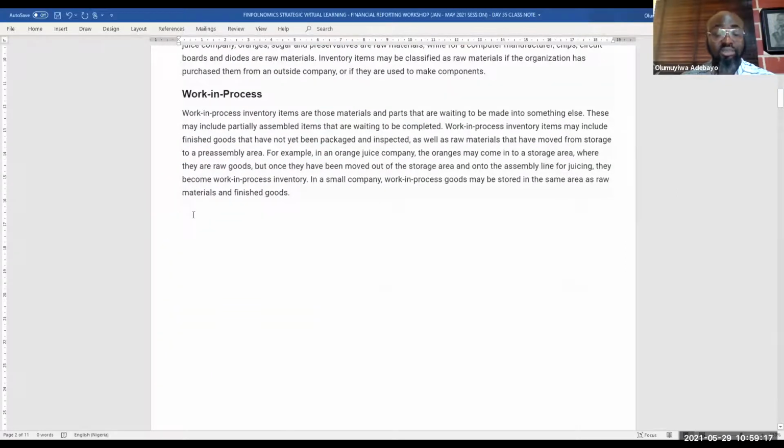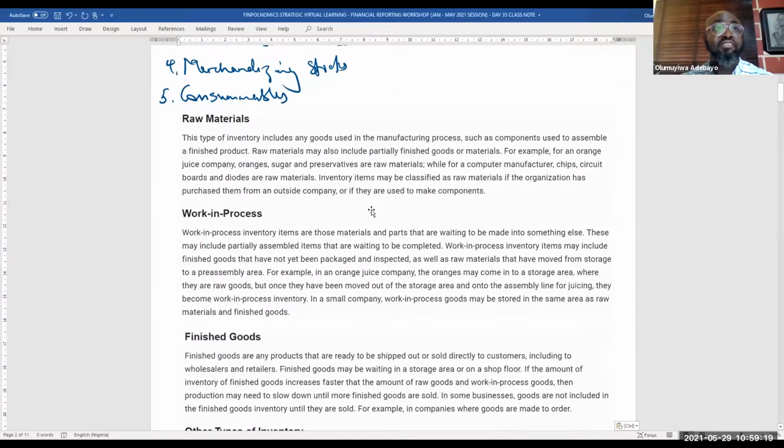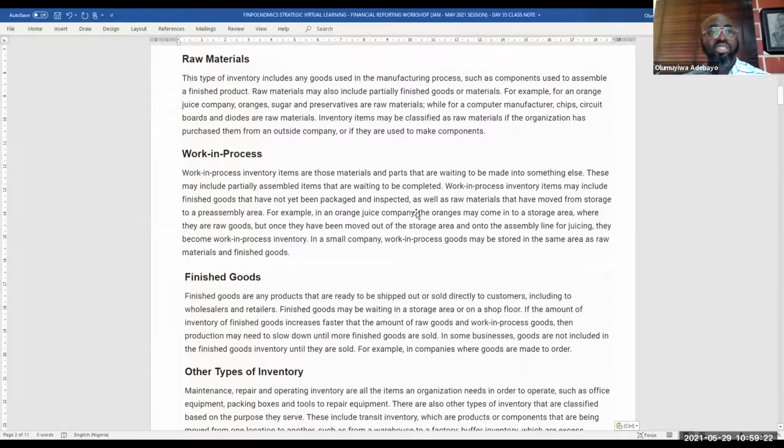Now the question is this: if the nature of the transaction is such that you only provided storage and access to markets on behalf of the real producer of those items, it may not constitute inventory in your books.